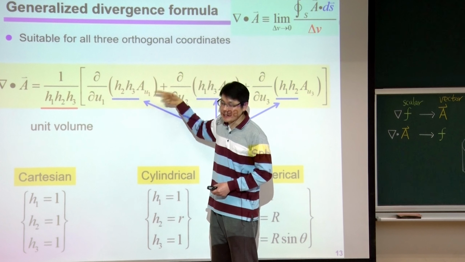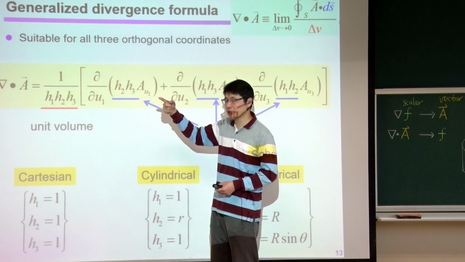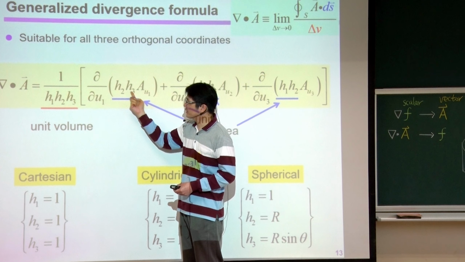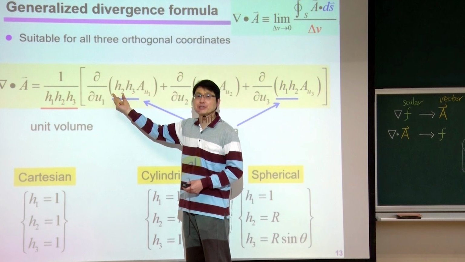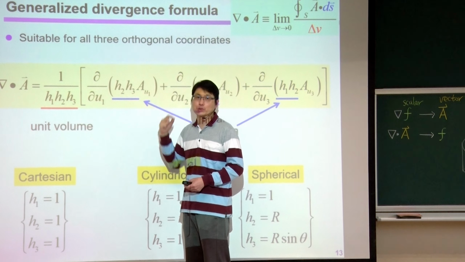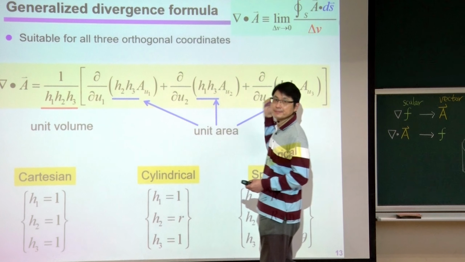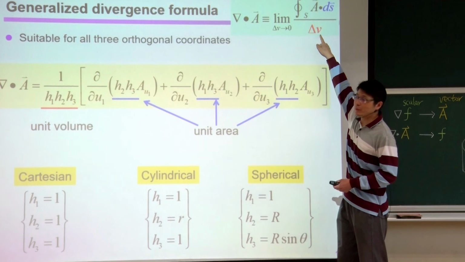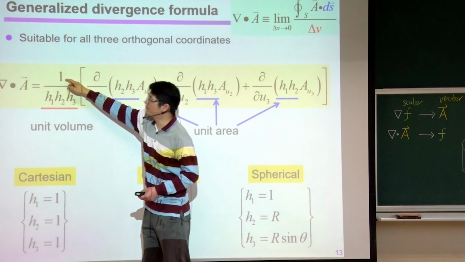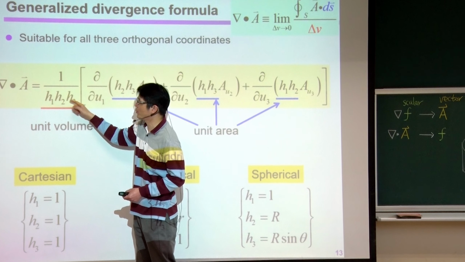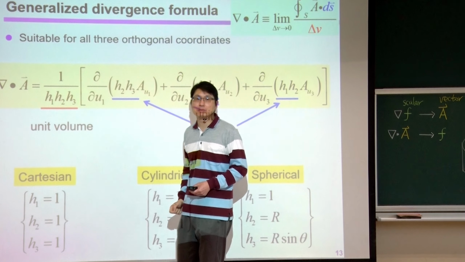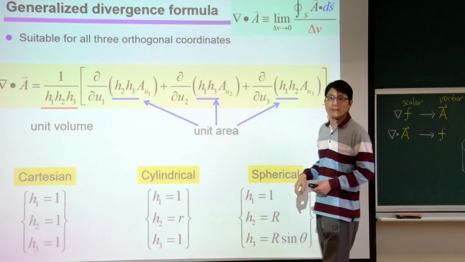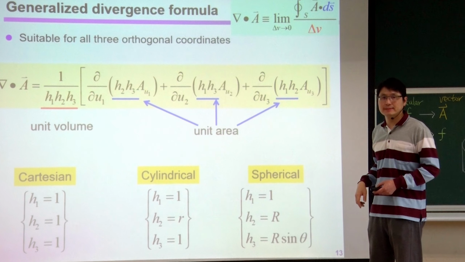A surface pointing in the first direction has its area determined by the differential length in the second and the third directions, and so on. But then you have this delta V differential volume, so you have to divide by h1, h2, h3 times the differential increments. Okay?